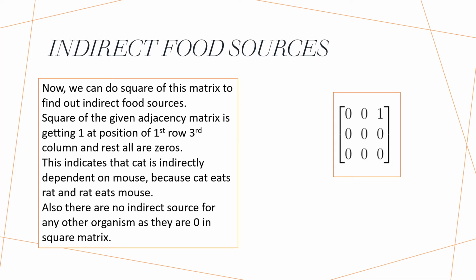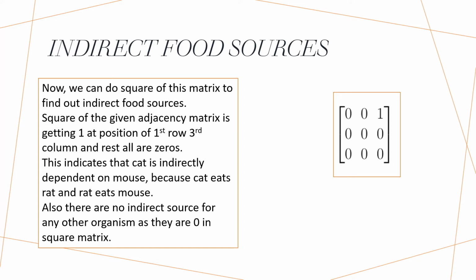This means if animal A eats animal B and animal B depends on some other animal C, then animal A is also dependent on animal C, because if C got extinct, then B would not survive, and so A would also be affected. This is known as the indirect food resources for an organism.